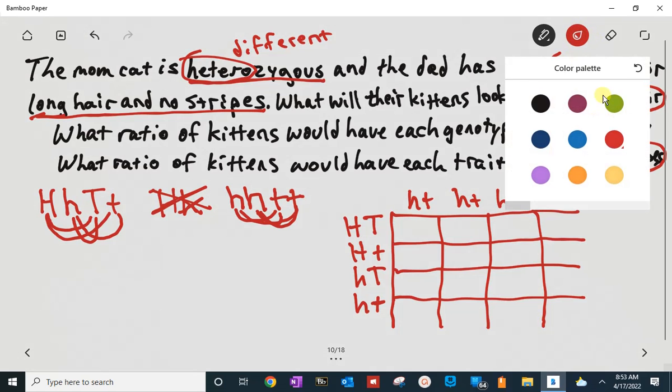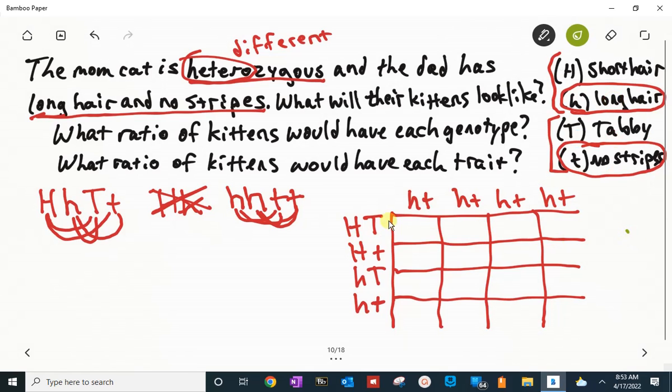Okay, so if we go across with the mom's genotype up here, we're going to have capital H, capital T. And on the second row, we're going to have a capital H, lowercase t.